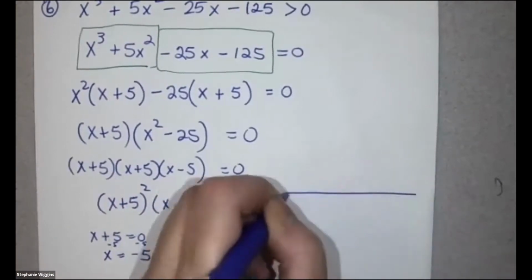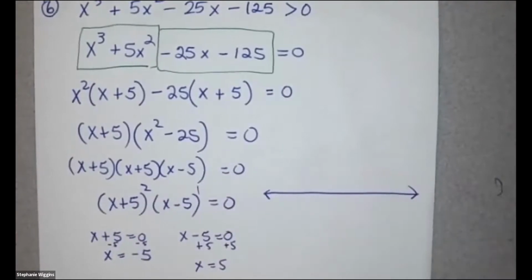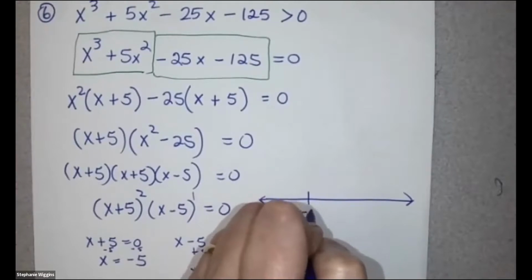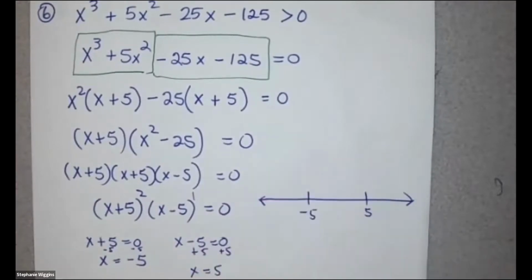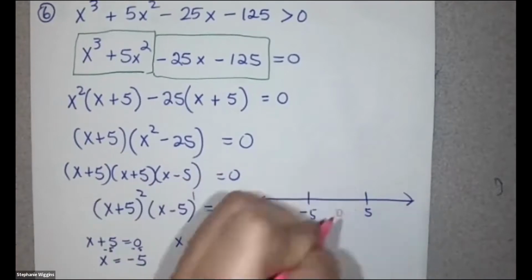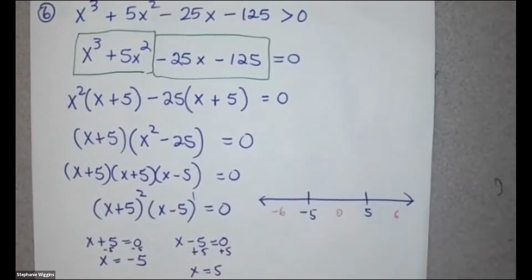So plotting these, I get negative 5 and 5, and I'm going to pick test points. So I'm going to pick negative 6, 0, and 6. By the way, this is a square here, right?